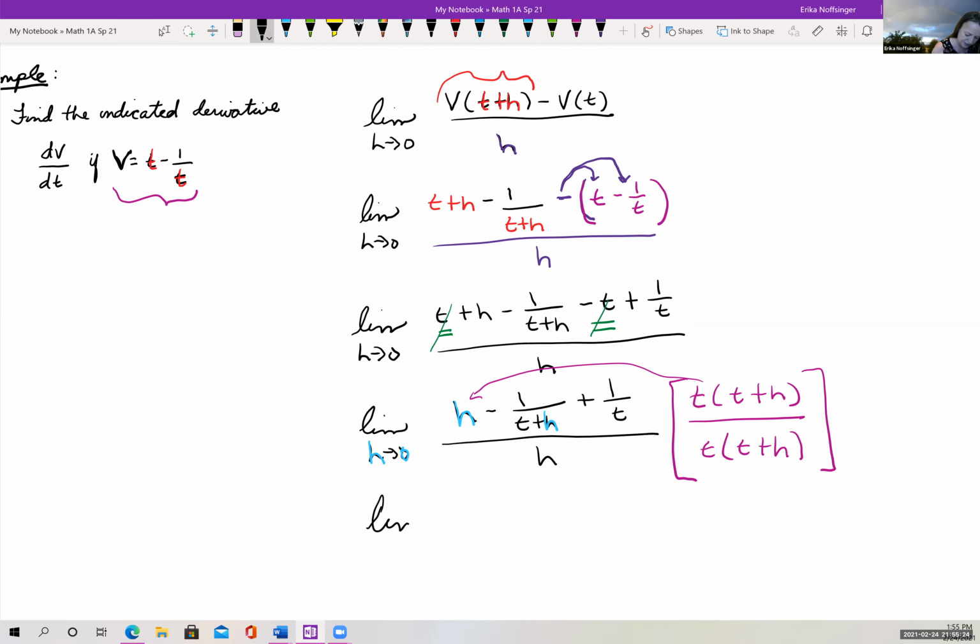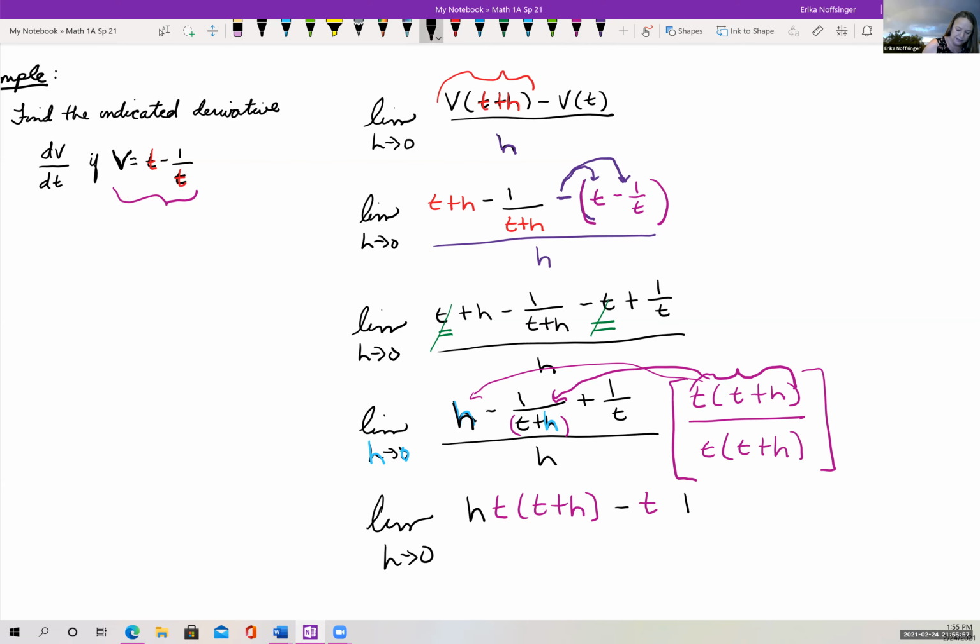So the limit as h goes to 0 of this h, times that t, times that quantity t plus h. Nothing canceled. Now when I distribute that t times the quantity t plus h to the 1 over t plus h, notice those t plus h's cancel, and the only thing left is that t, so minus t.